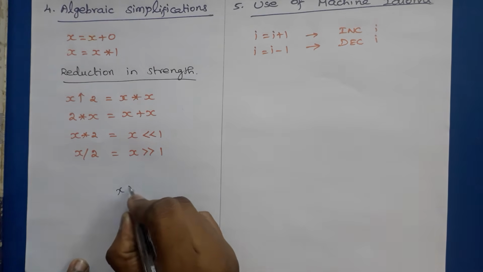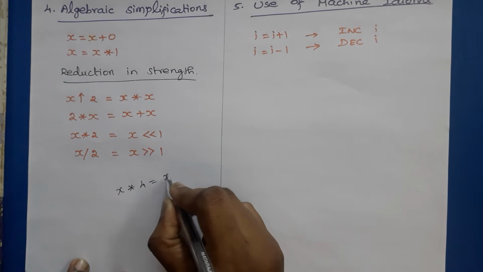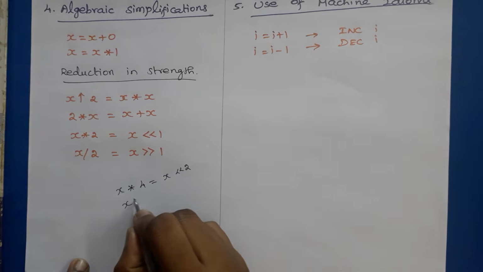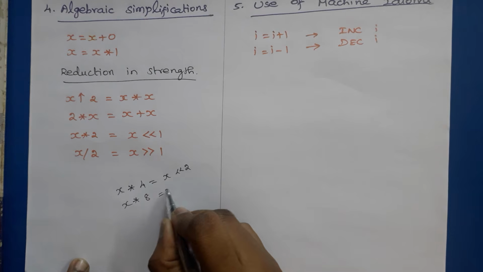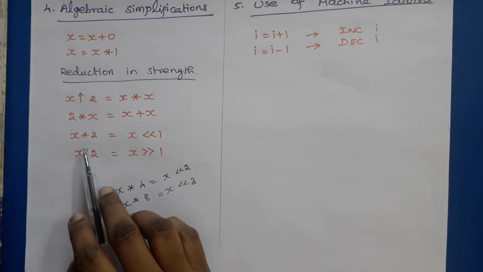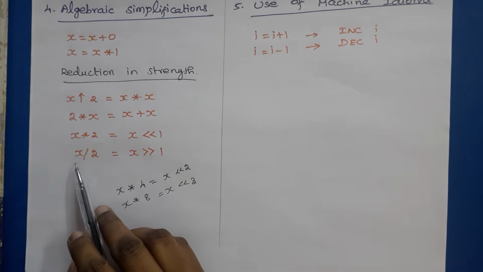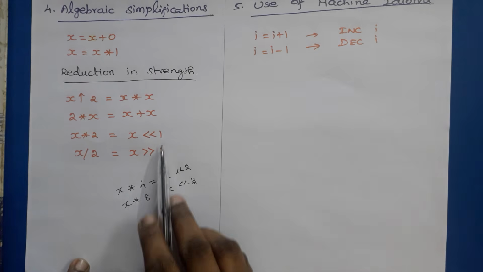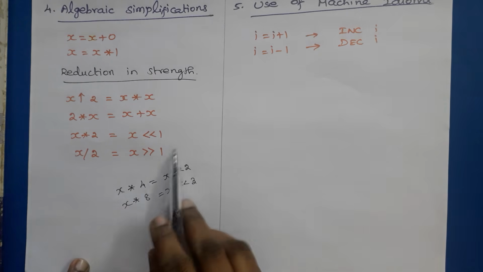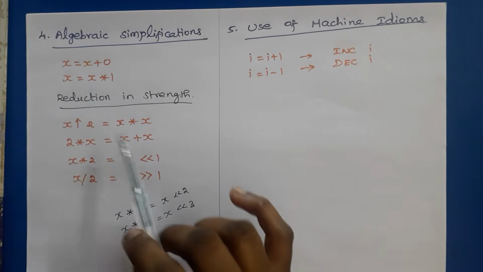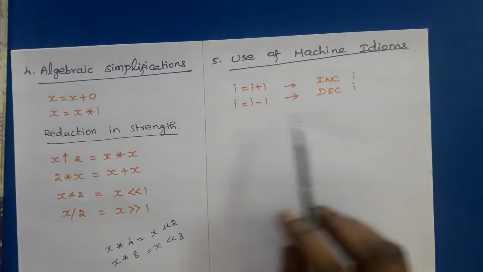Suppose x star 4 is given, then we need to perform left shift with 2. X star 8, if it is a power of 2, then we have to shift the appropriate positions to the left, and the values will be multiplied accordingly. Similarly, x divided by 2 means we have to perform right shift with 1. Suppose 4 is there, then right shift 2, and for 8 right shift 3 should be performed. So this type of reduction in strength can be performed in algebraic simplifications.